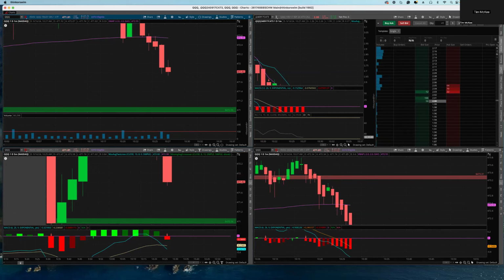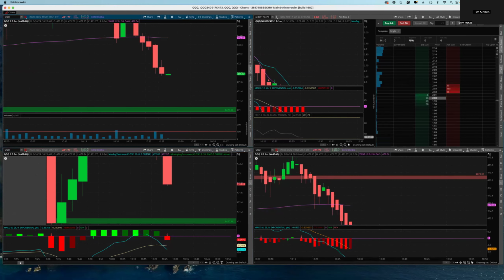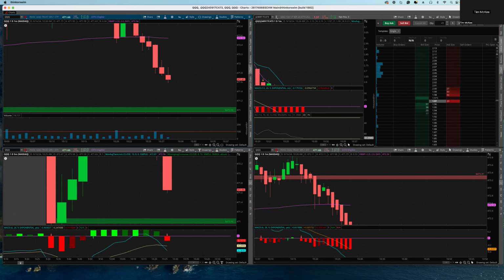Price kind of stalling here a bit. And we go to the 472 on the put side. 472 on the put side. Stand by.